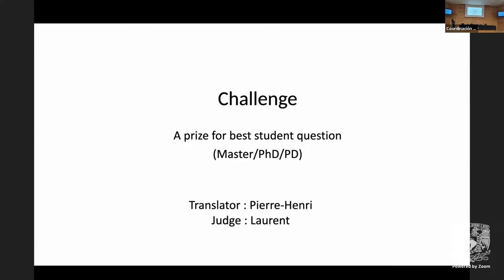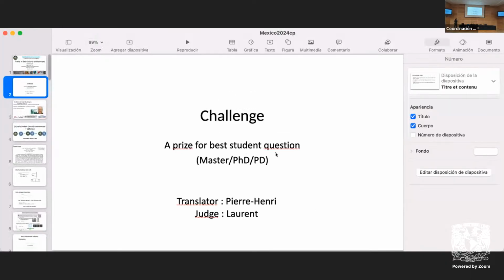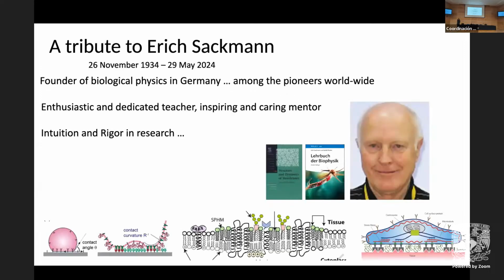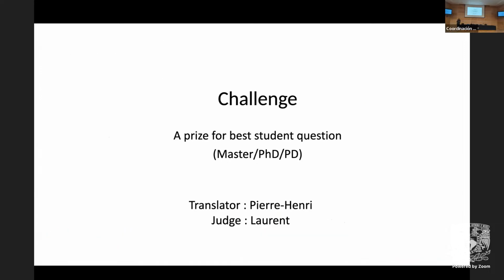Luckily, I put postdoc, and I think there's at least one postdoc. Well, you're still a PhD student. Are you the only one? Are there any postdocs in the room? No. Okay, so if you ask a question, then you get the prize, right? And Lauro and Pieroni will judge.